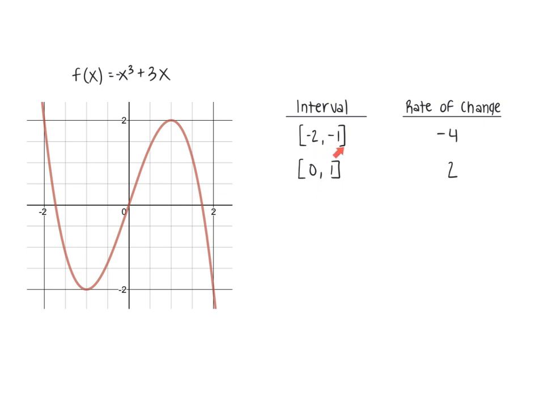From -2 to -1, it goes downward by 4, and from 0 to 1, it goes in the positive direction by 2. Let's break up our graph to match these intervals. Here's -2, and at -1. And then again, we were looking from 0 to +1.